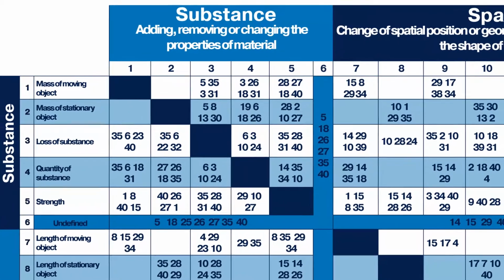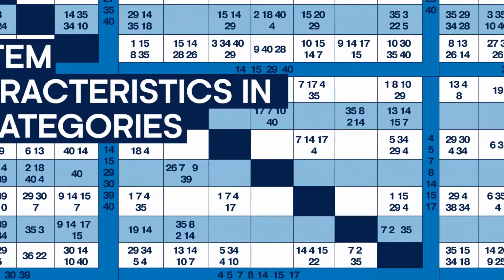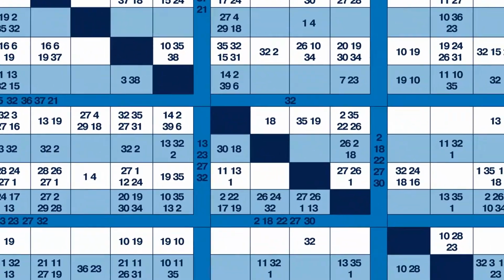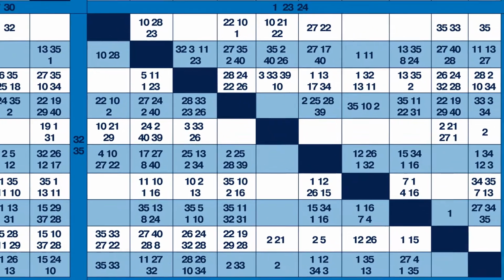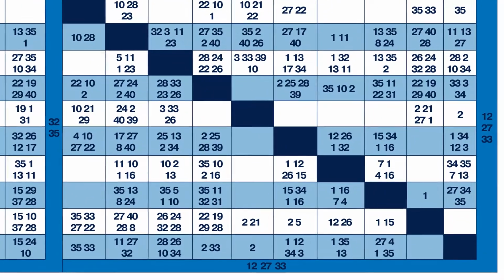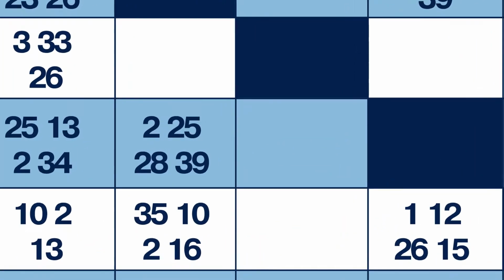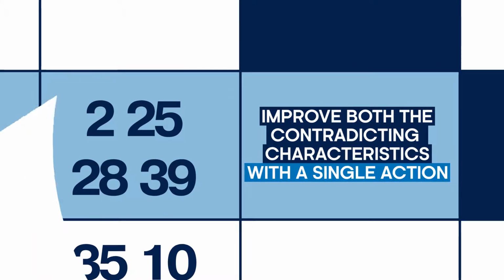The contradiction matrix generalizes system characteristics in 40 categories. For each two characteristics which contradict when a single parameter is changed, the matrix provides a number of possible inventive solutions or principles. These inventive principles involve changing the parameters of the system in order to improve both the contradicting characteristics with a single action.